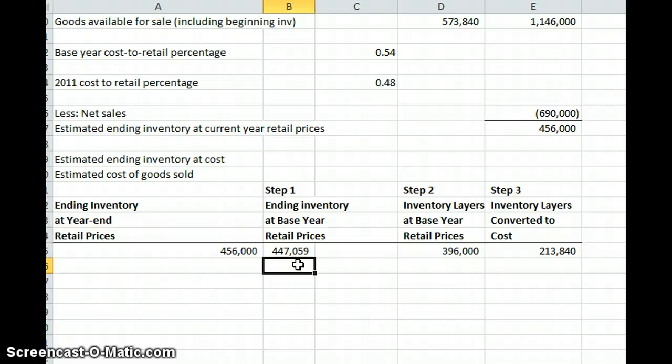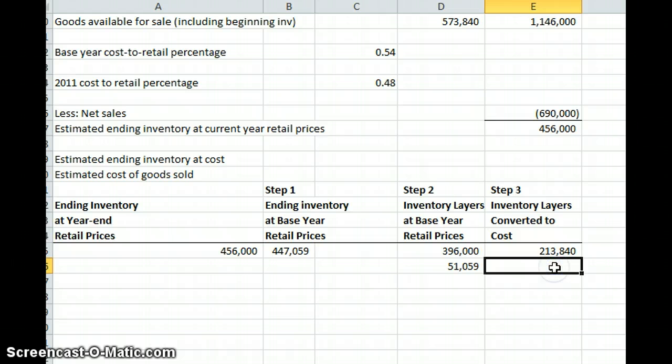Next, we need to calculate our year 2 layer. So for 2011, we get that very easily by taking our ending inventory at base year retail, and we're going to subtract out our 396 base, which leaves us a 51,059 2011 layer.